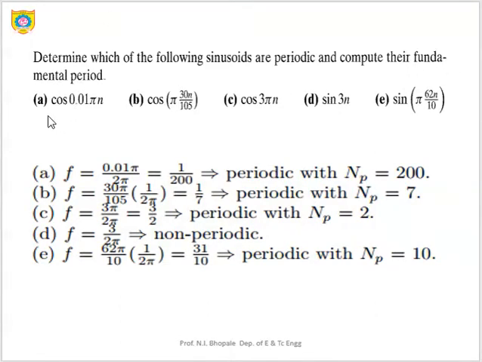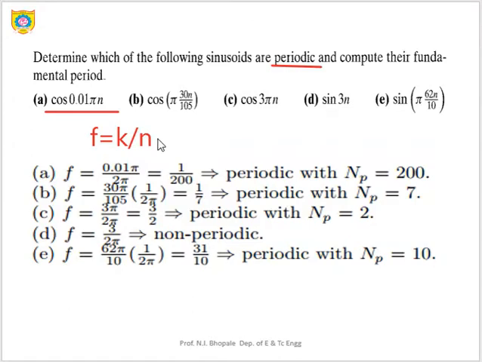So let's say cos 0.01 pi n is the sinusoidal signal given. It is obviously a discrete time signal and we need to obtain whether it is periodic or not. For any signal to be periodic, as we know, f is equal to, let's assume, k by n, where k as well as n must be integer values.